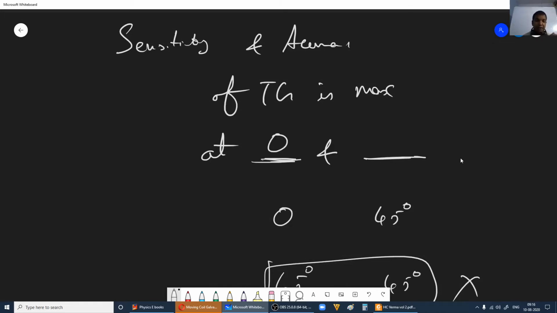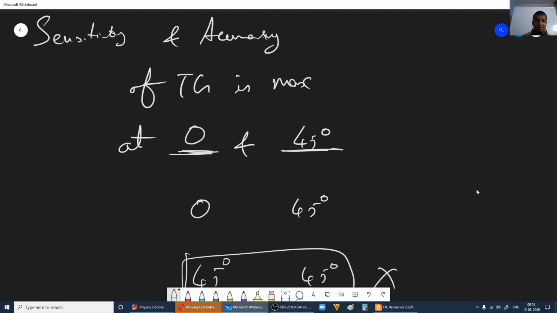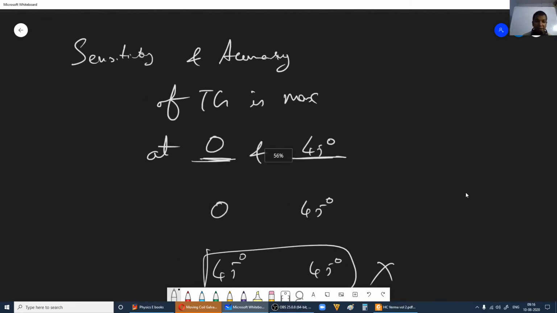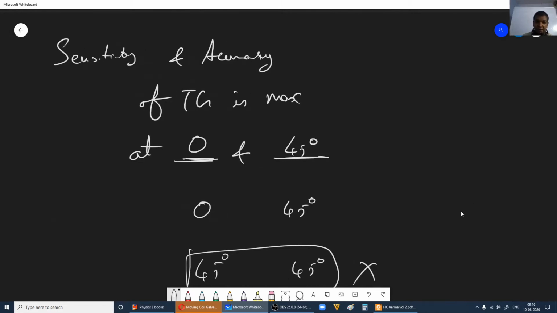This is by considering the theoretical sensitivity, deflection per unit current. And the accuracy will be maximum at 45 degrees. Now, what I suggest is that by looking at the options, you need to understand which option to mark.